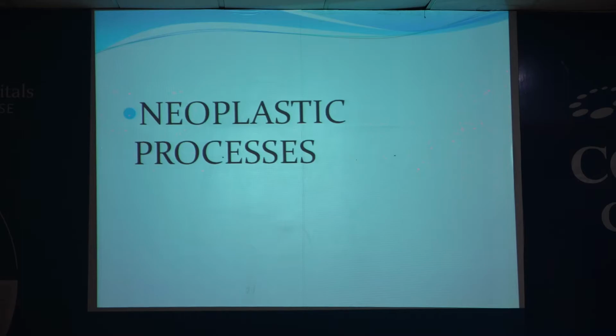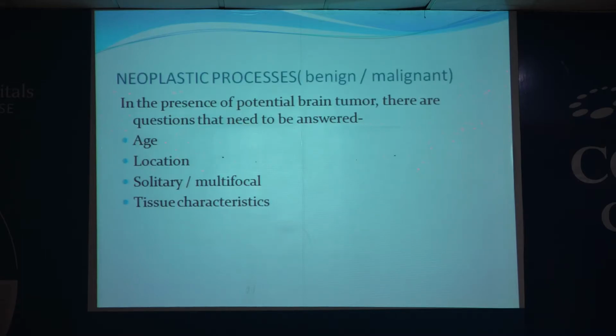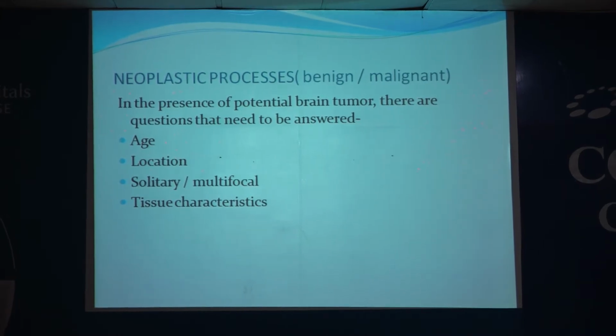Now coming to the neoplastic processes, they may be benign or malignant. In the presence of a potential brain tumor, what are the factors that need to be considered? Like age. For example, small children in the first decade of life, most common tumors will be craniopharyngiomas, choroid plexus papillomas, teratomas, etc. Then in the 30s to 40s, the most common tumors will be astrocytomas, oligodendrogliomas.